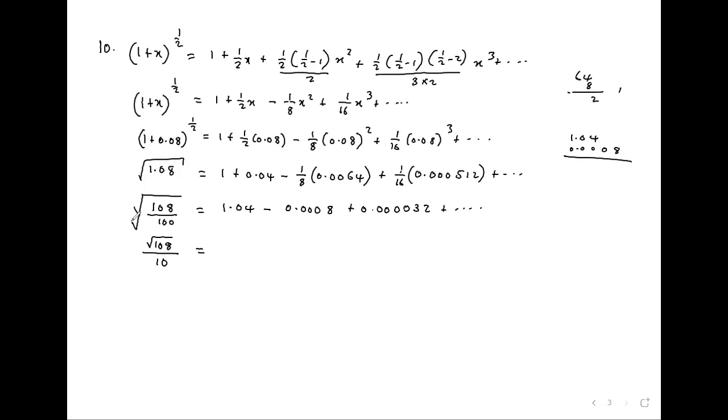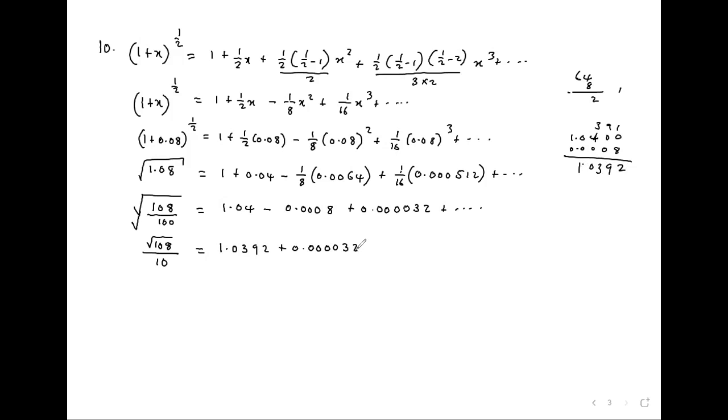So 1.04 minus 0.0008 gives 1.0392. Then plus 0.000032.